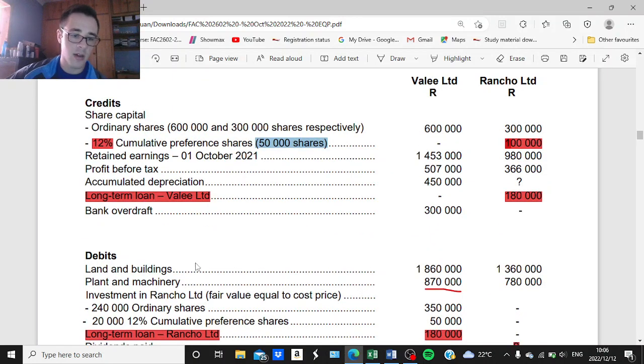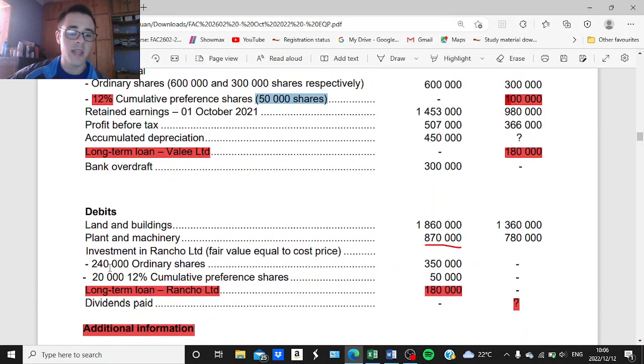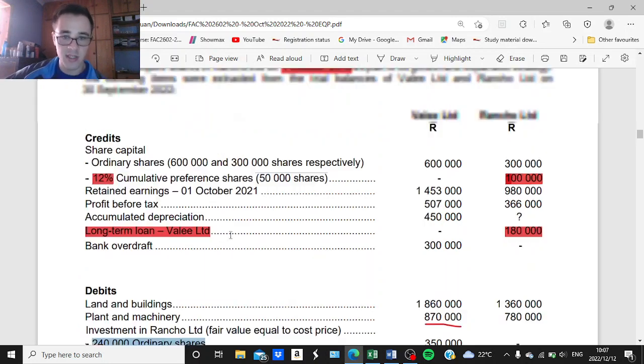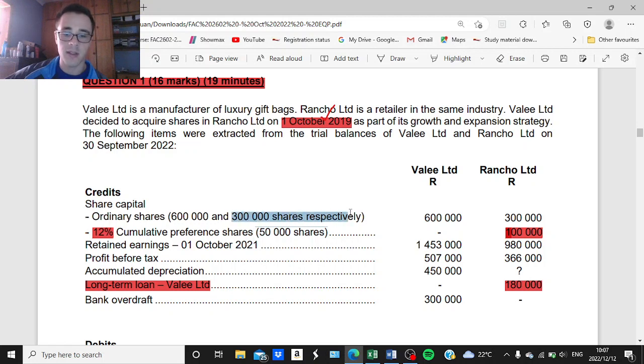Now, just for the sake of completeness, if we calculate the percentage interest that the parent has in the subsidiary's ordinary share capital, it will be calculated in the same manner, taking the number of ordinary shares owned, which is 240,000, divided by the number of ordinary shares issued by the subsidiary, which is 300,000, and you will multiply by 100. This will give you 80%.